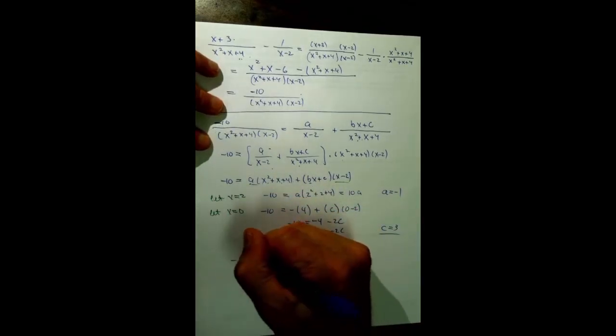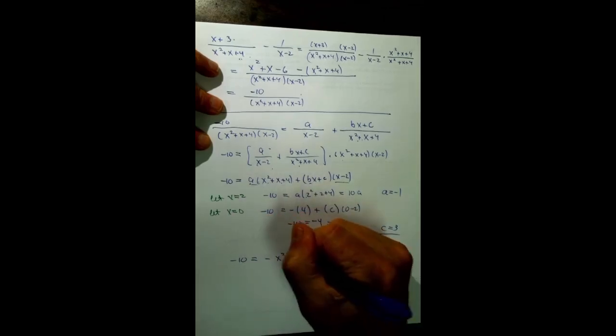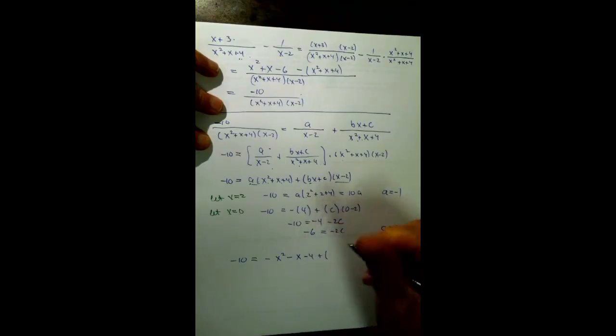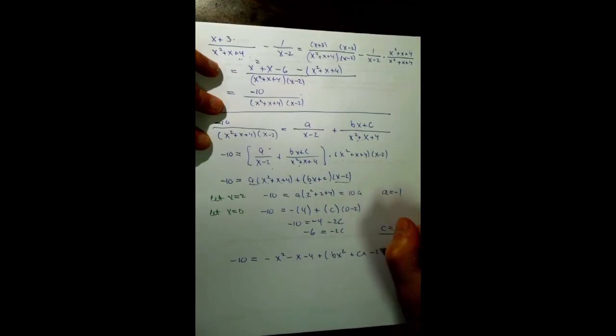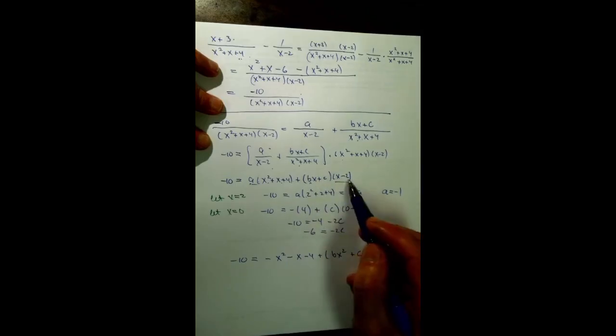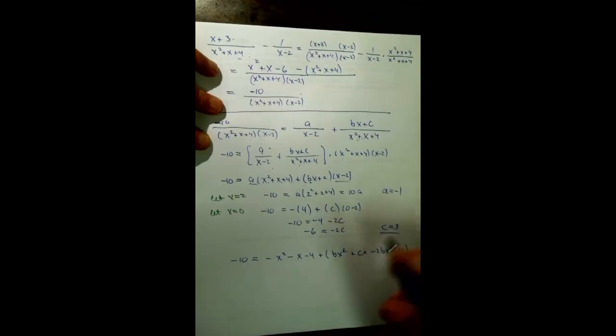So a is minus 1, so that's minus x squared minus x minus 4. And if I expand this out, I'm going to get bx squared plus cx minus 2bx. Oops, let me be careful here. Bx squared plus cx. I'm going to get minus 2bx minus 2c.